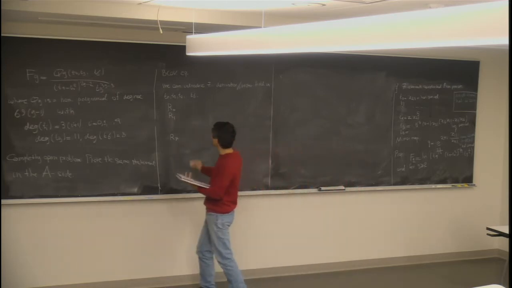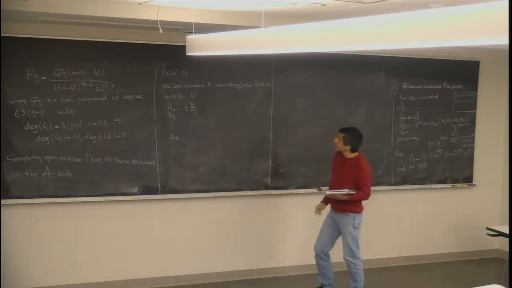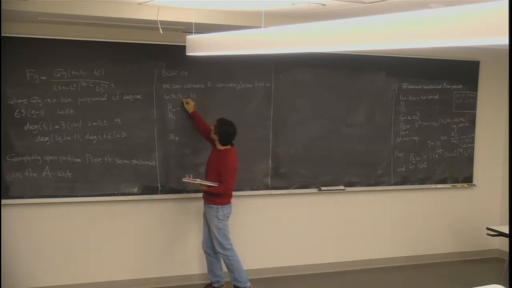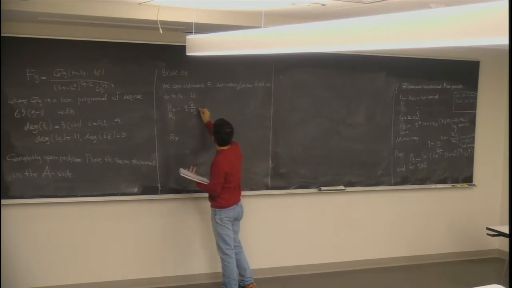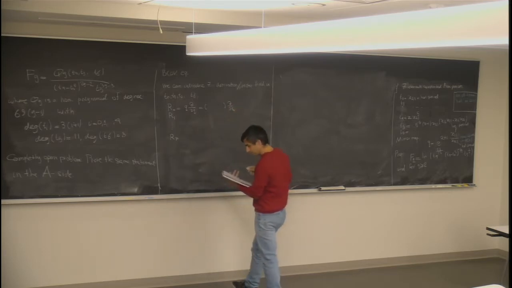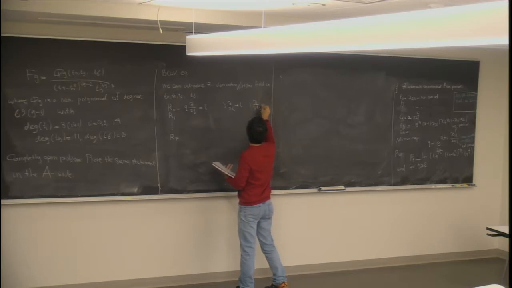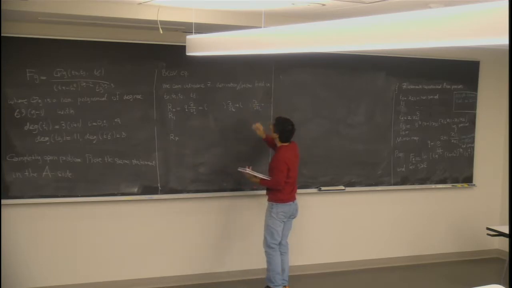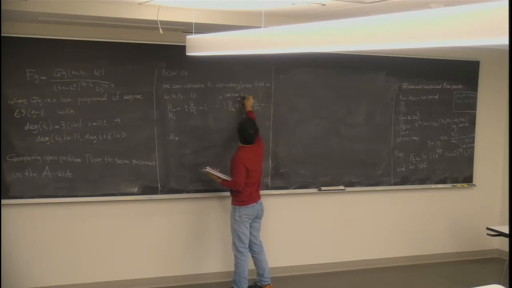T1 here, rational functions in Ti's. Maybe some of them I can write. For example, this R1 is a very simple one: T5, T5 plus T6, T6.